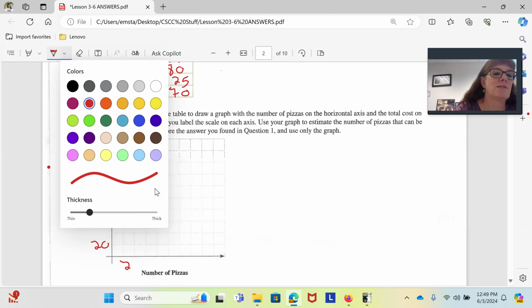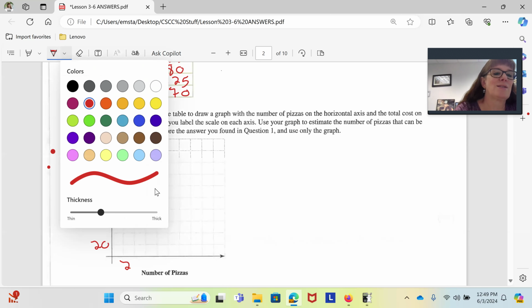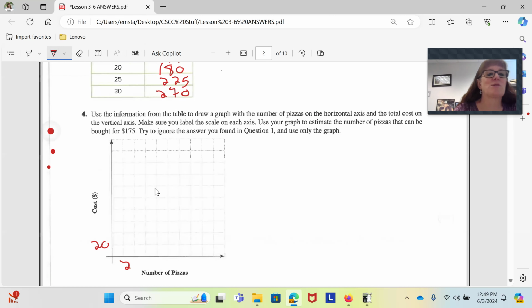Try to make it thicker so we can get a good size point. I don't do circles well, so if I just use the dot, that works better. And then they ask us to plot the points. So using the table above, we're going to plot those.